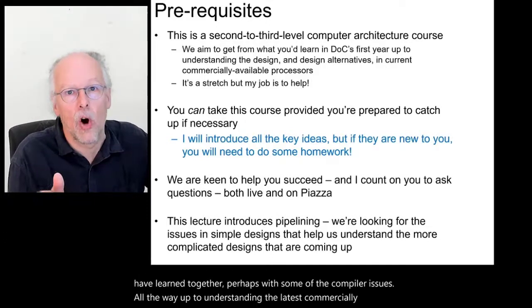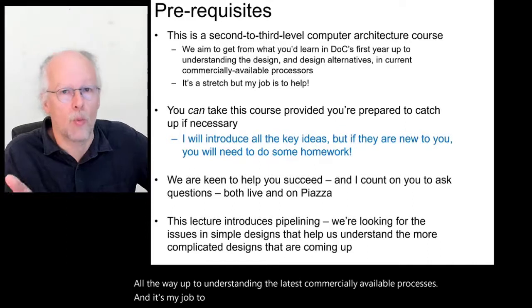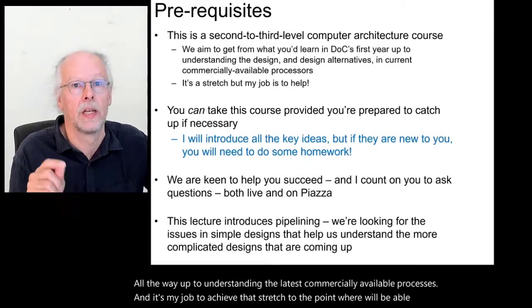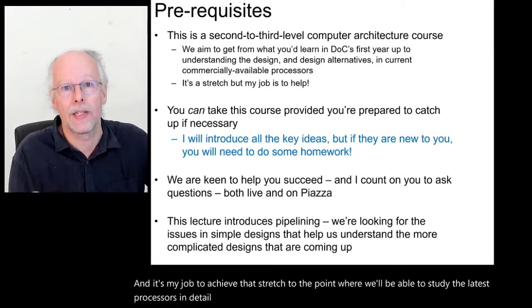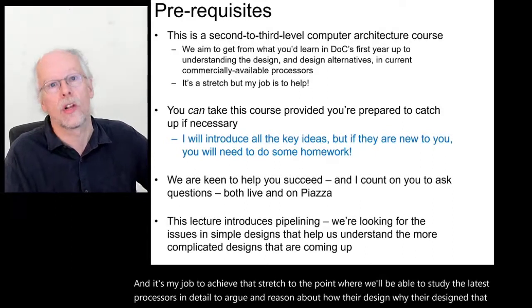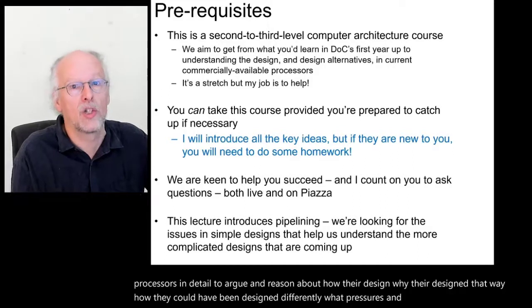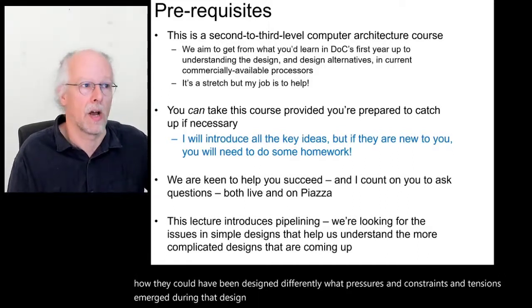It's my job to achieve that stretch to the point where we'll be able to study the latest processors in detail, to argue and reason about how they're designed, why they're designed that way, how they could have been designed differently, what pressures and constraints and tensions emerge during that design process, and how we might expect future processors to be architected.